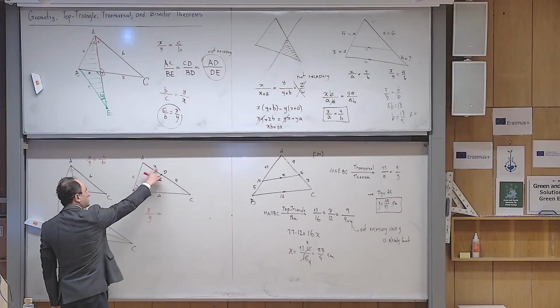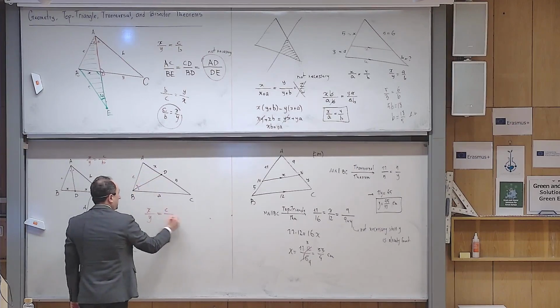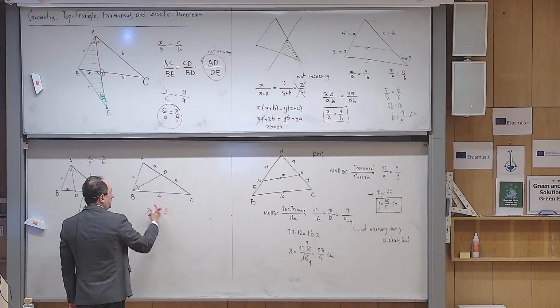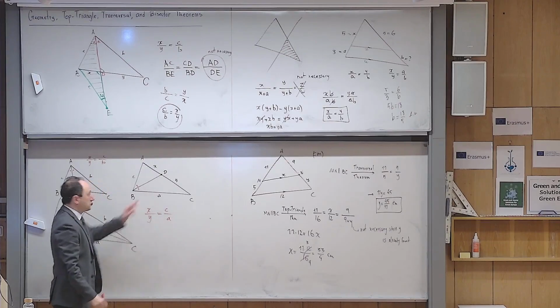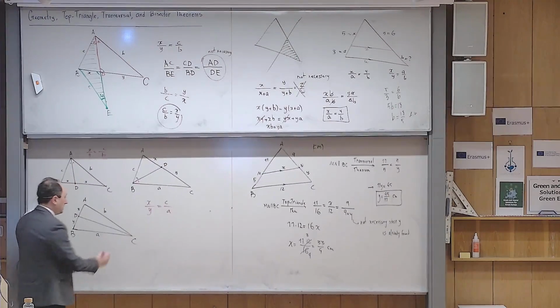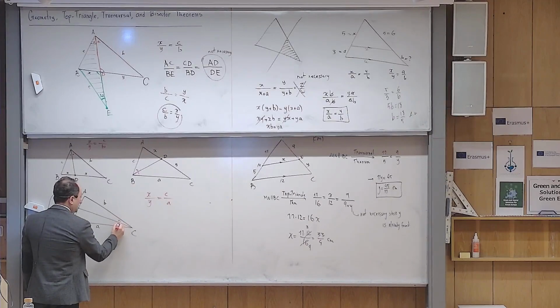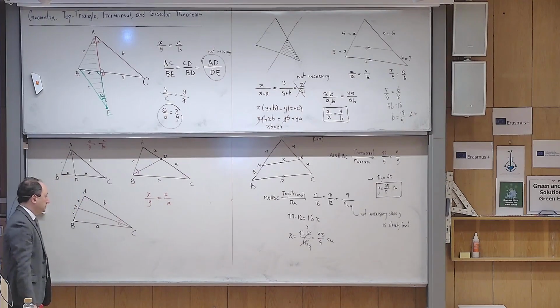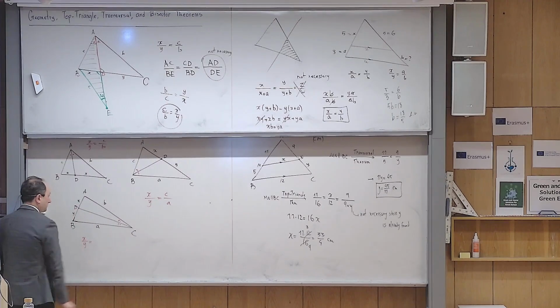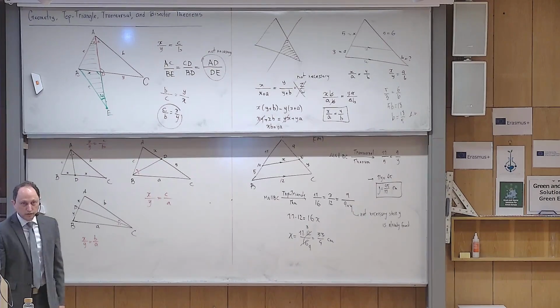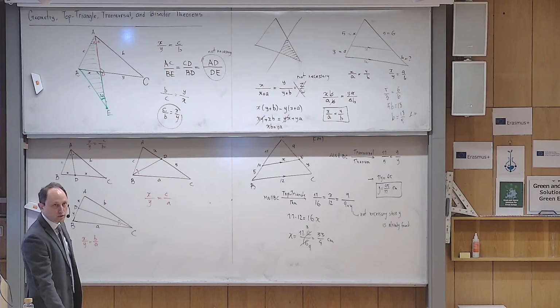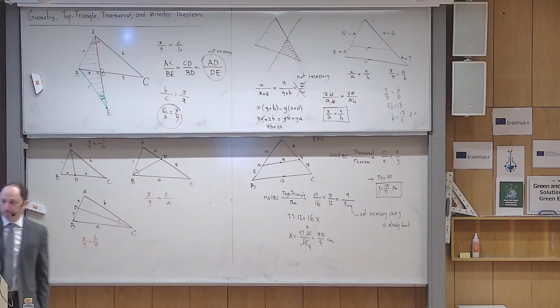C, because x is close to C. And then which one you need to write here? A. This is for this picture. And if these two are the same, again, you write x over y equals to what? B over A. So that is the content of the angle bisector theorem, and it is extremely simple. Any questions so far?